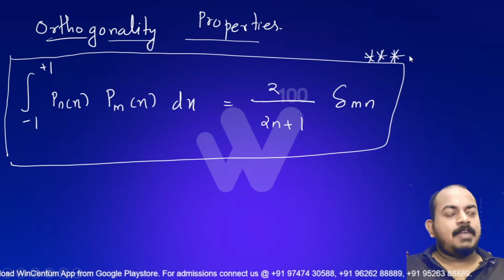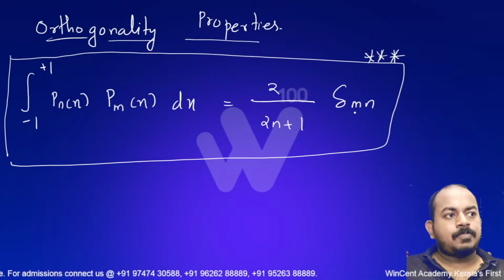So all of you know the form of the Kronecker delta mn, right? Kronecker delta mn equals 1 if m equals n and 0 if m is not equal to n.